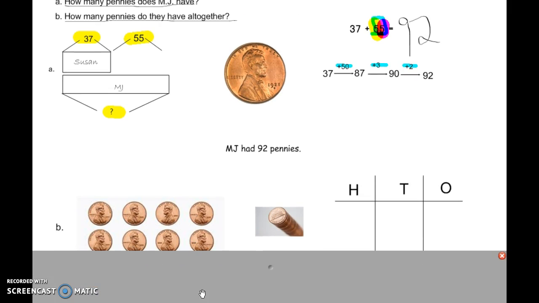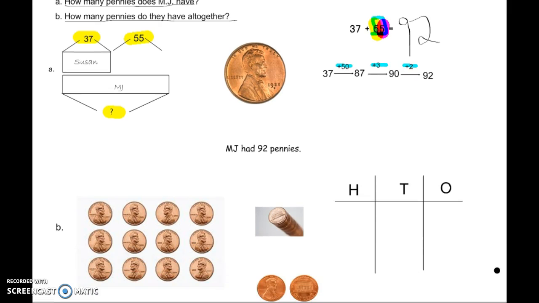For part B, it wants to know how many pennies they have all together. So again, now I'm going to think about my tape diagram and think about the whole amount and my parts. So I need to find out how many they have all together.